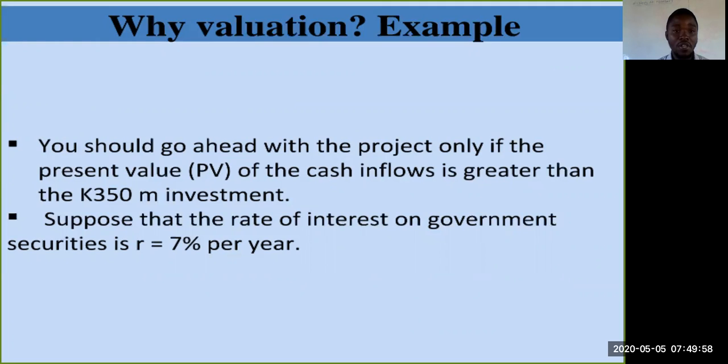For example, if you want to compare a present value, you have to make sure that the future value that you are given, you discount it until you have the present value of it. So in this case, we had the 400 million kwacha, which was our future value, and the 350 million kwacha, which was our present value.